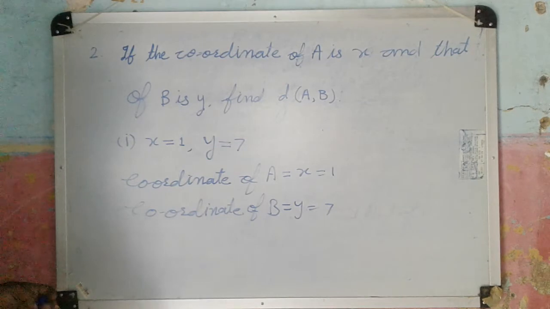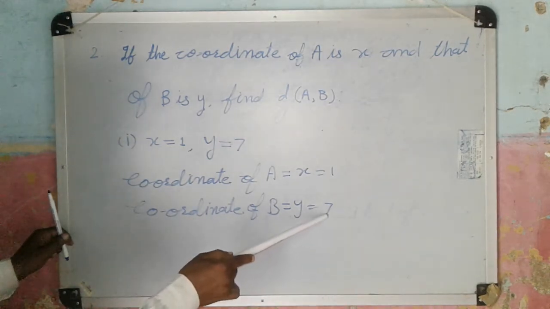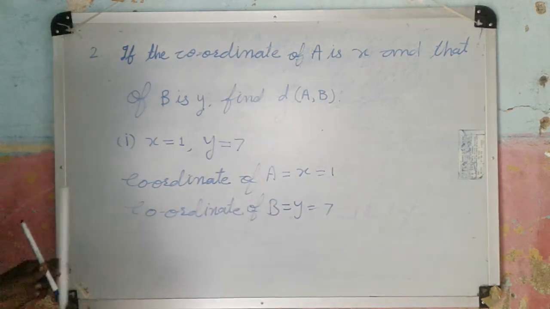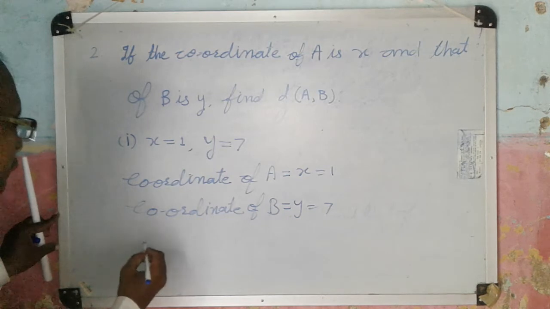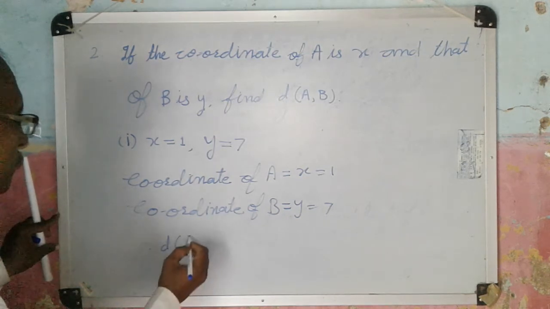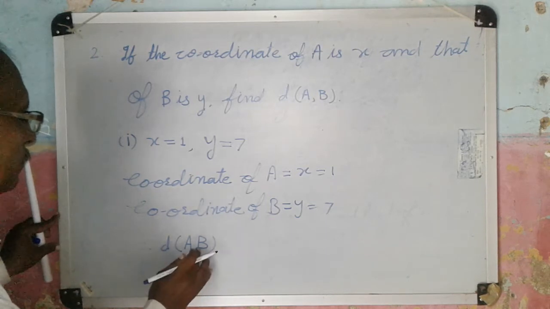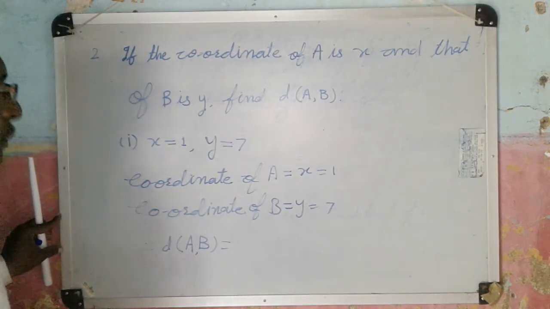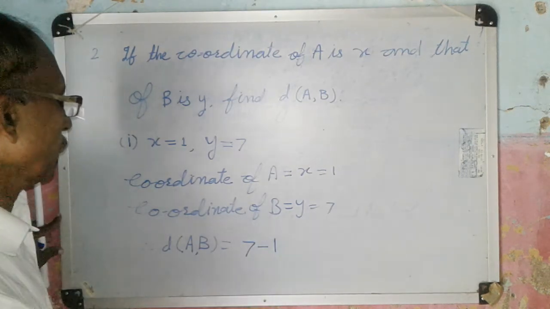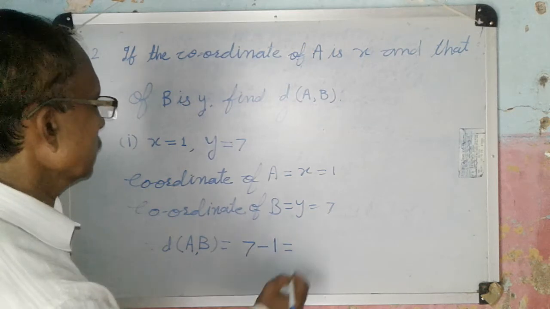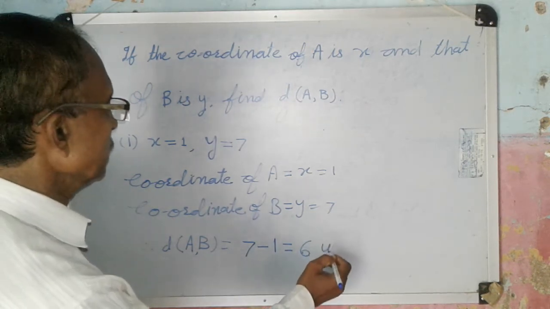Now here 7 is the larger coordinate, 1 is the smaller coordinate. So distance of AB is equal to larger coordinate minus smaller coordinate is equal to 6. 7 minus 1 is equal to 6 units.